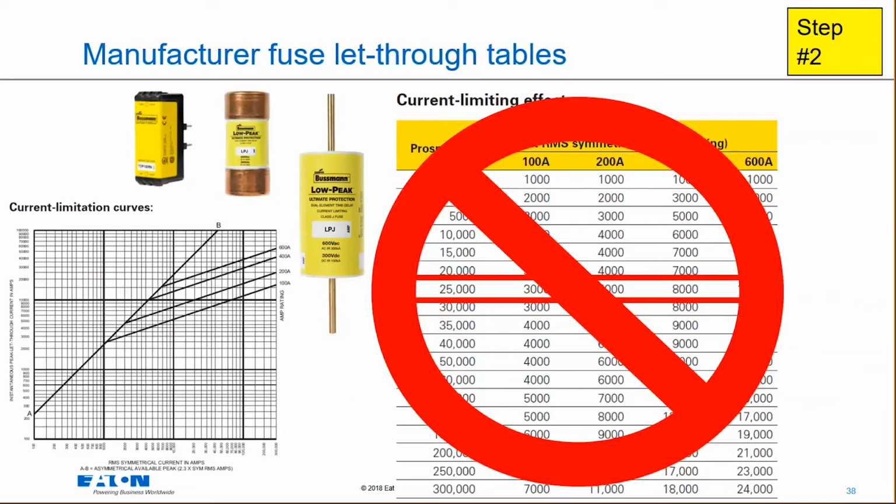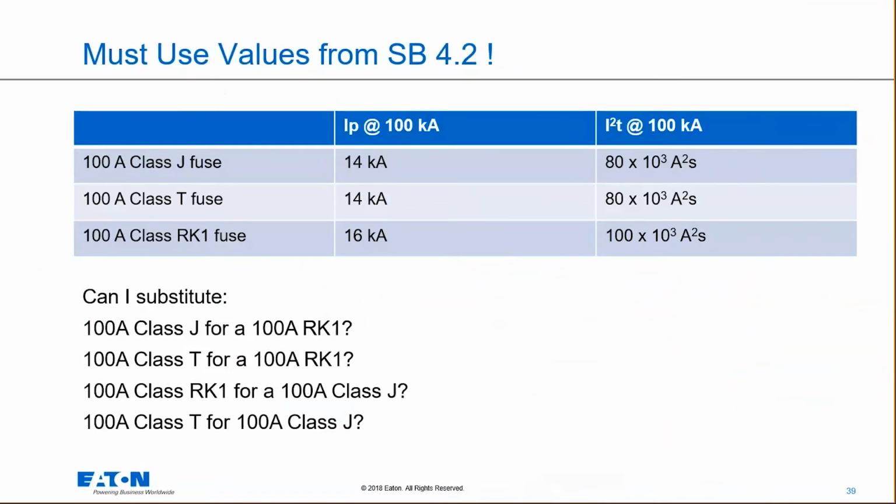So we want to make sure that we're using their official let through currents as published in SB 4.2. So just be aware that you need to do that. As I stated, you must use values from SB 4.2.